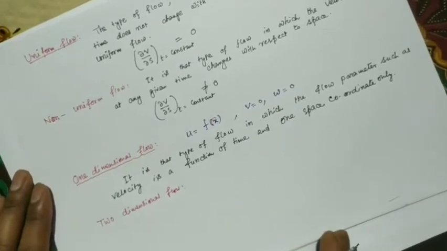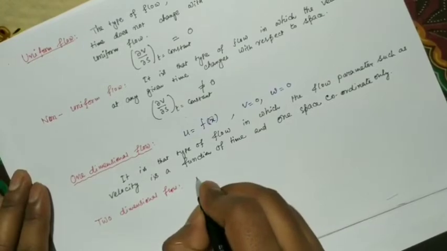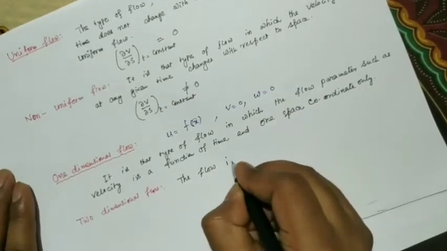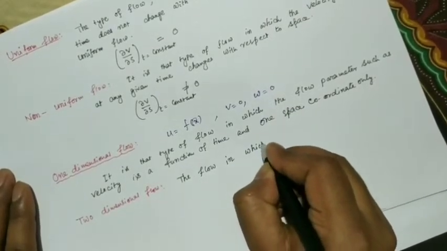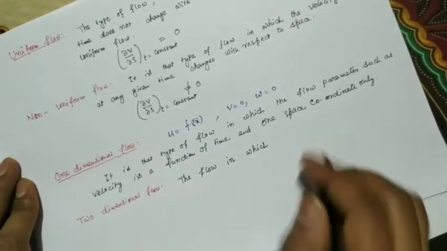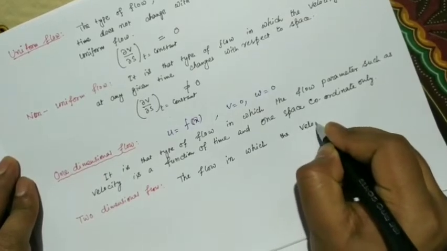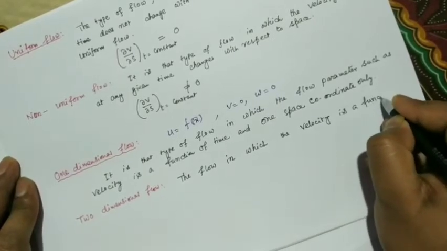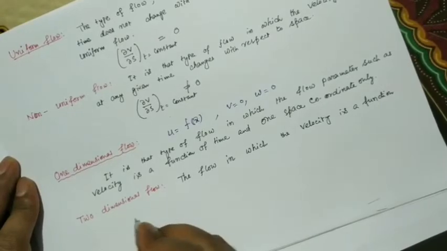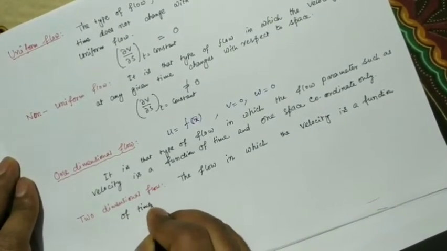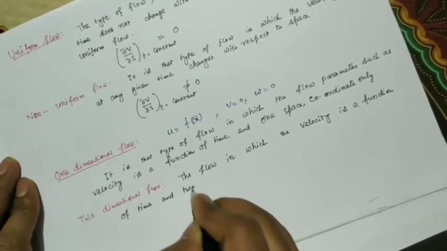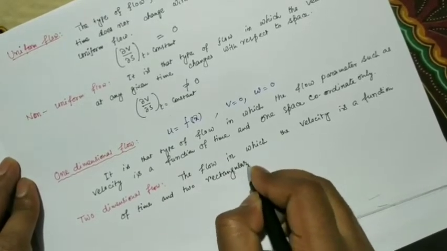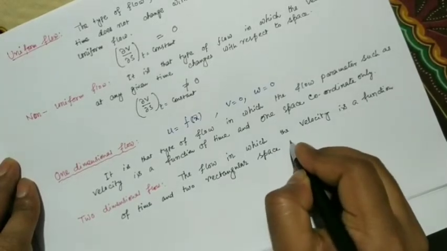What will be in case of two-dimensional flow? The flow in which the velocity is a function of time and two rectangular space coordinates.